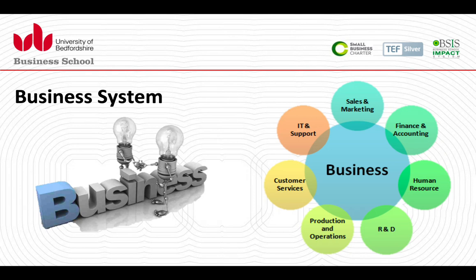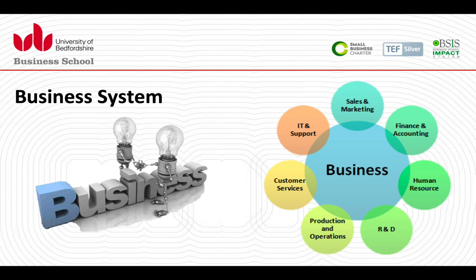Business systems are comprised of a collection of contiguous business processes connecting workflow together to provide a valuable proposition that delivers the broader purpose of the business system itself. Business systems are frequently identified by their department name, such as finance and accounts, human resource, research and development, production and operation, customer services, information technology or IT or ICT support, and sales and marketing.